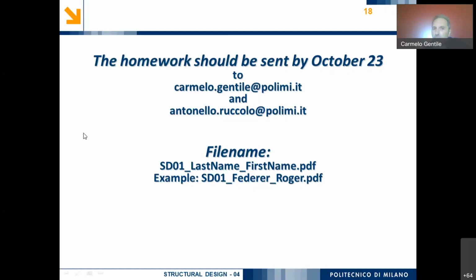The name of the PDF file is like this. ST01 is common for all. Underscore your last name, underscore your first name .pdf. For example, for a student named Roger Federer, the file is sd01 underscore Federer underscore Roger.pdf.